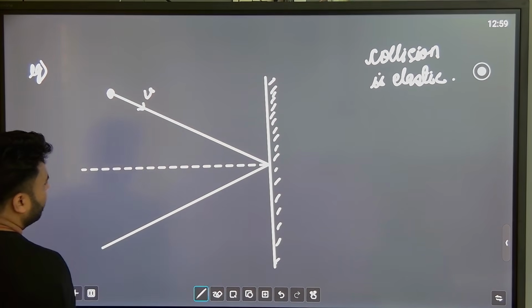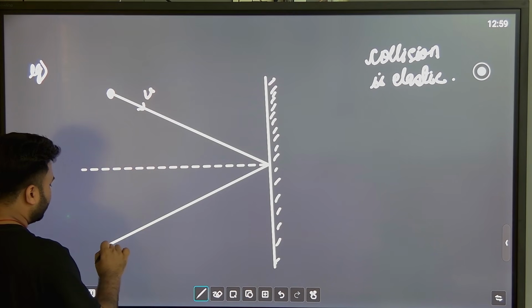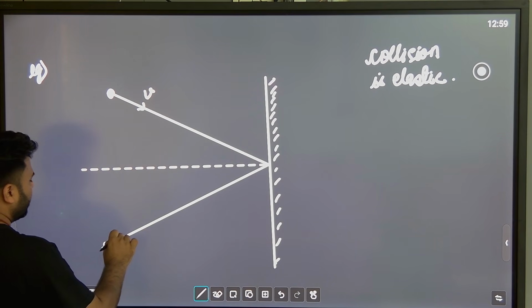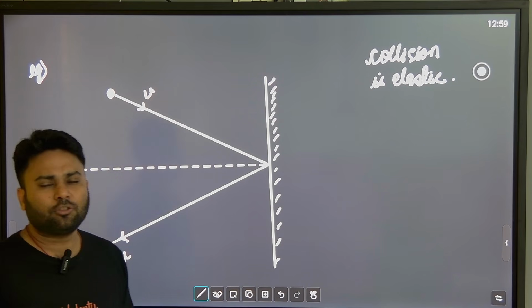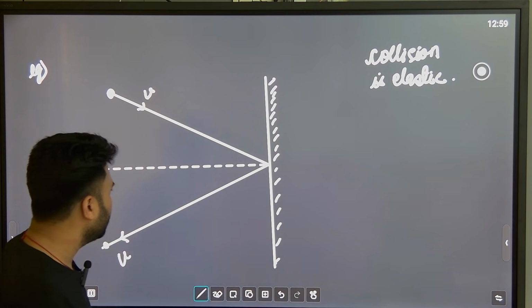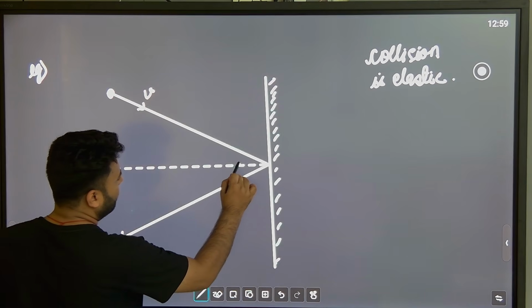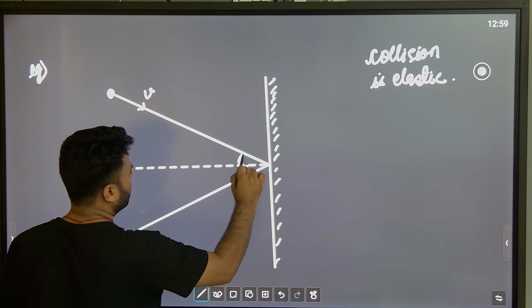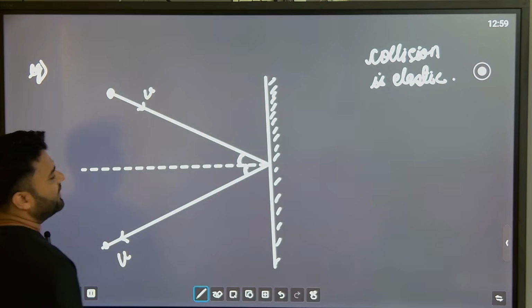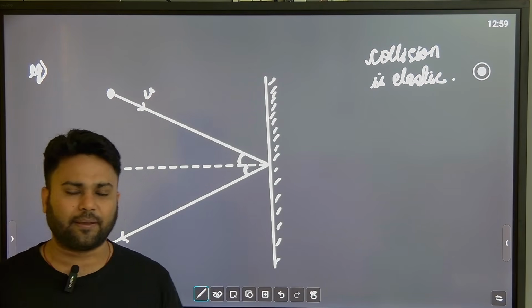It means that after striking the wall, its speed is not going to change. Its speed will be v only, and it will also follow the laws of reflection. This angle and this angle should be the same: the angle of incidence and the angle of reflection.